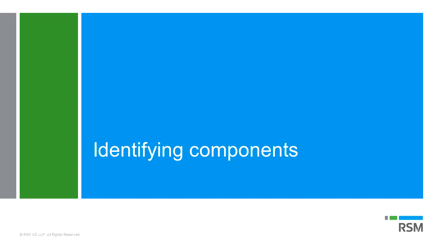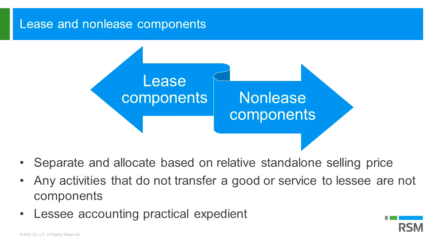Separate lease components, identifying components. Why is this relevant and important? Once a lease component is identified, the consideration associated with that component or cash payments made on that component will have a direct impact on the amount of the right of use asset and the lease liability.